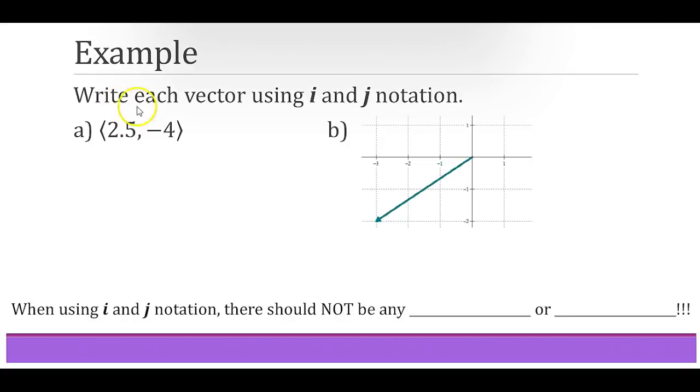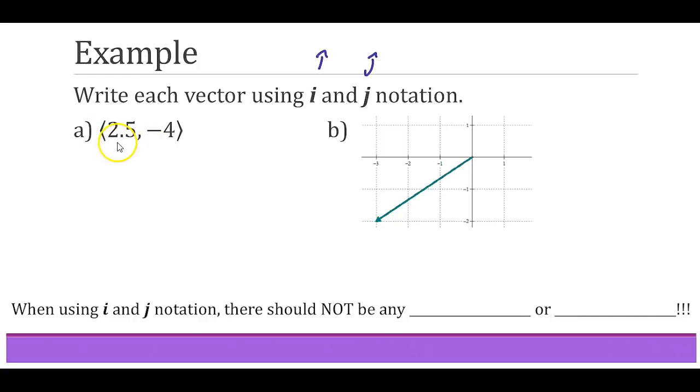In this example, we want to write each vector using ij notation. This ij notation often comes up more in physics classes, where you'll see it as i hat, j hat, with a little hat above each one. We're going to use the little vector arrow over each one though. This is meant to be a pretty quick example.